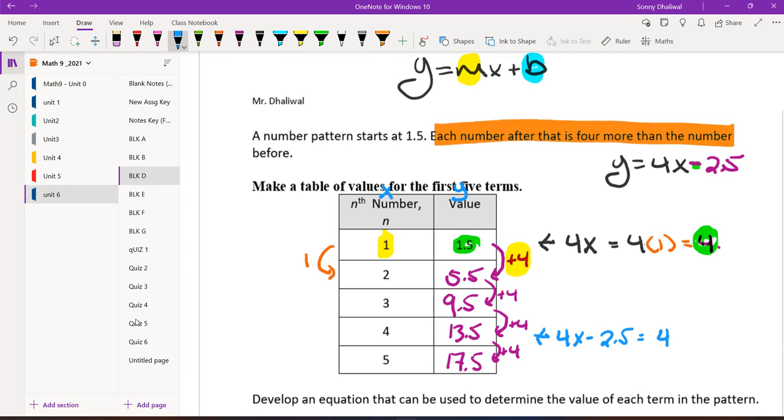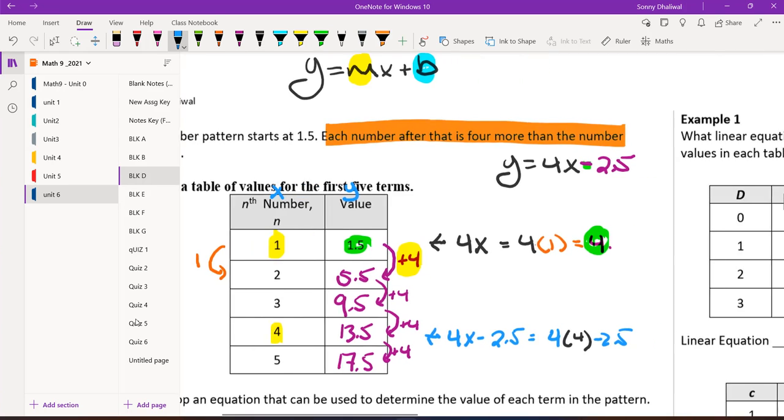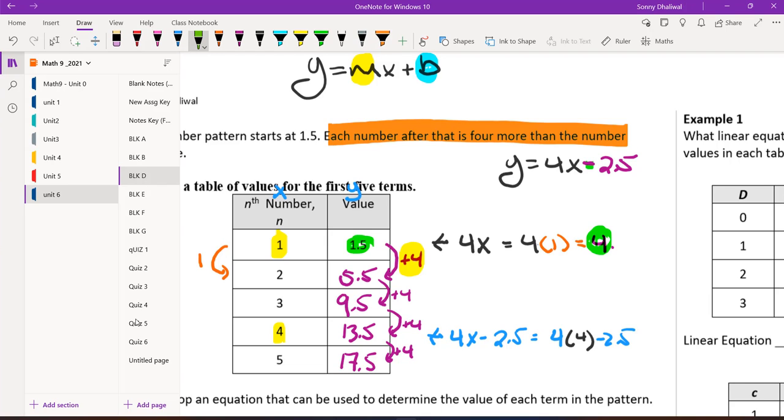This time we're going to plug in the number 4, and we're going to subtract 2.5 to see if it works. So we have 4 times 4 is 16 minus 2.5. And 16 minus 2.5, yes indeed, is 13.5. So our equation works.